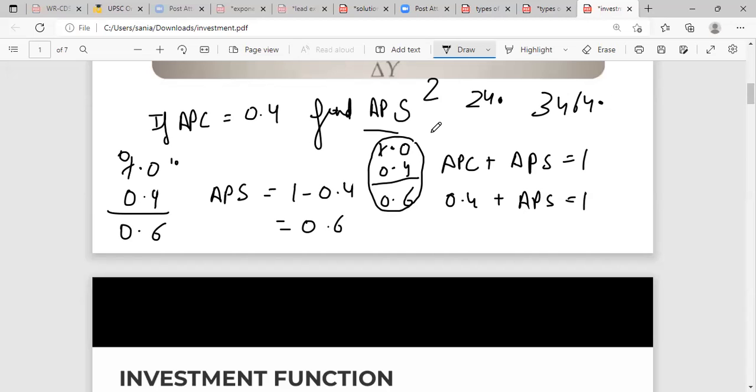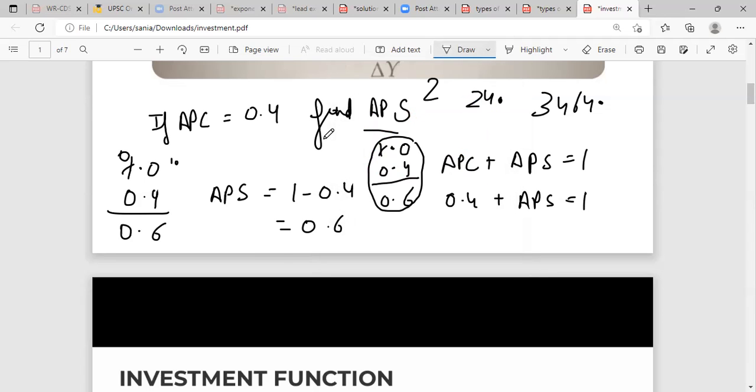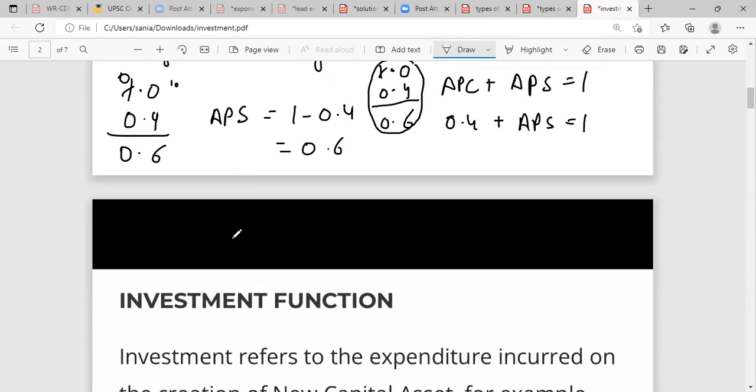Yes, ma'am. Okay. So now I'll give you one more question. You'll tell me the answer for that. I'll be giving you the question for MPC. Your MPS is 0.4. You have to find MPC.